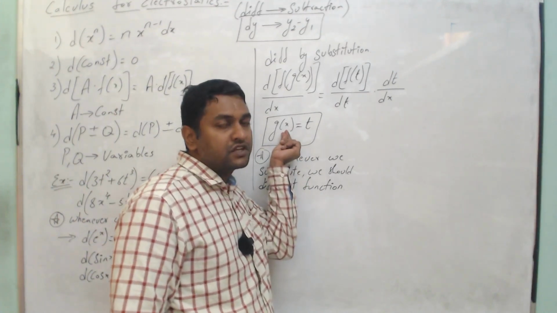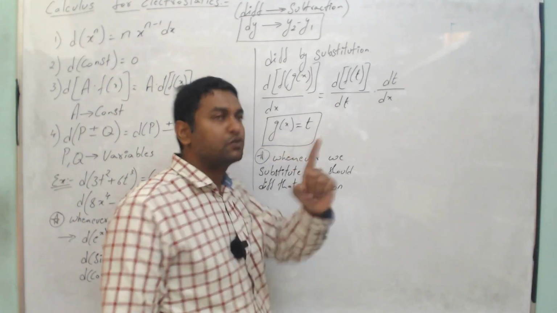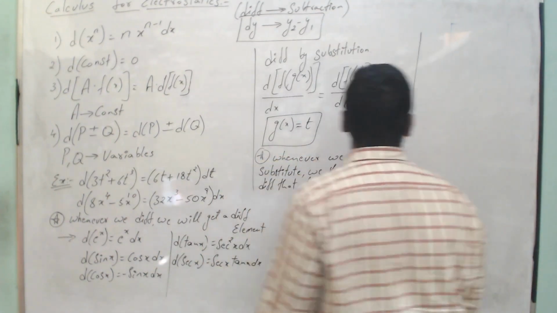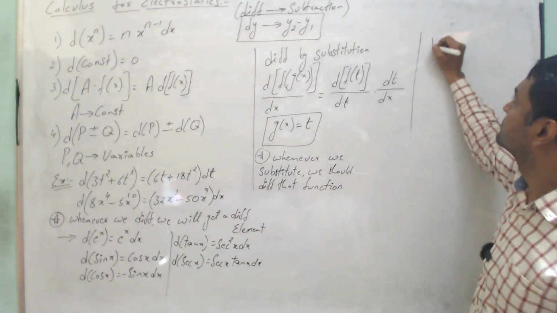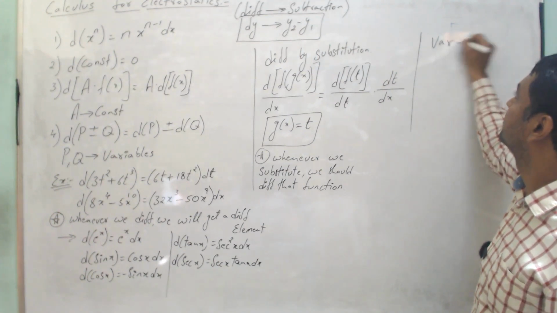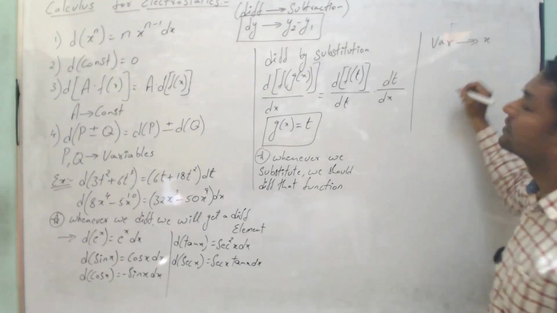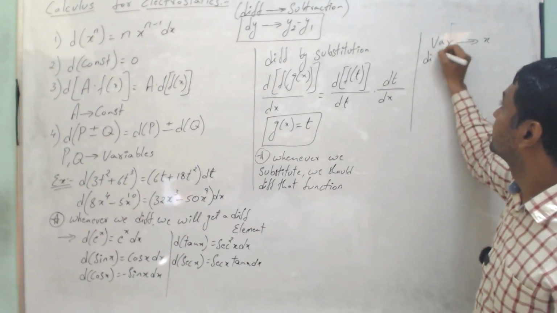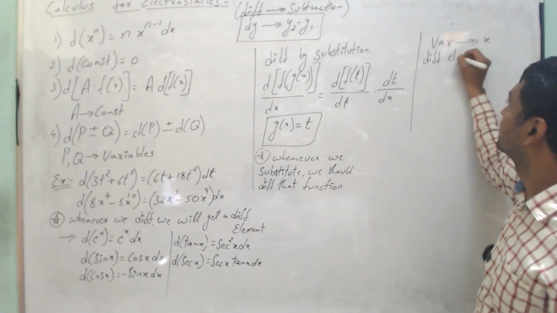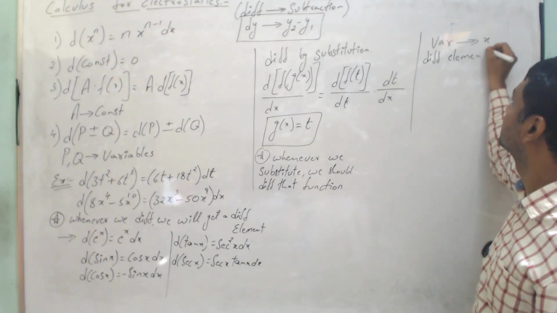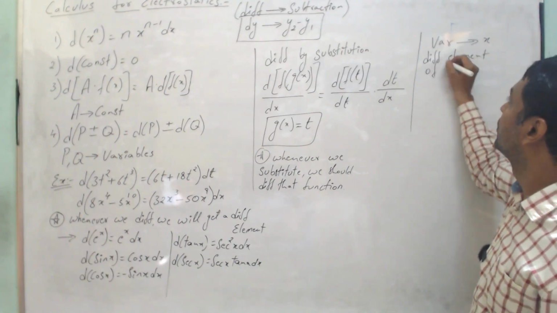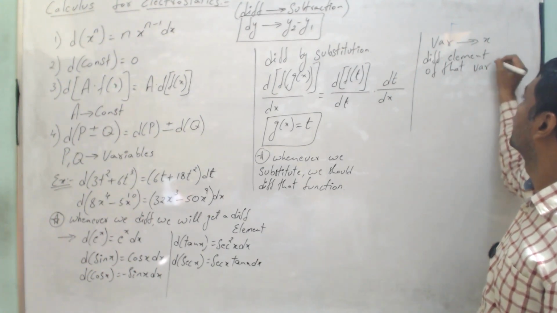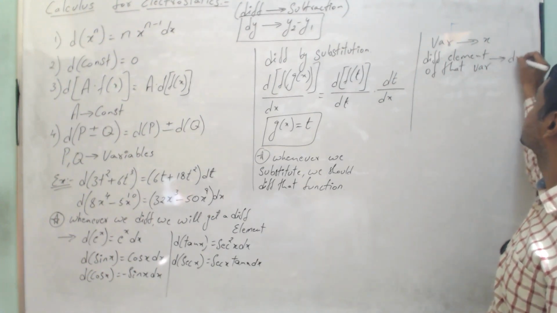the differential element. First point is the variable that we have. What is the variable? Variable is x. The differential element of that variable, I will write it as dx.